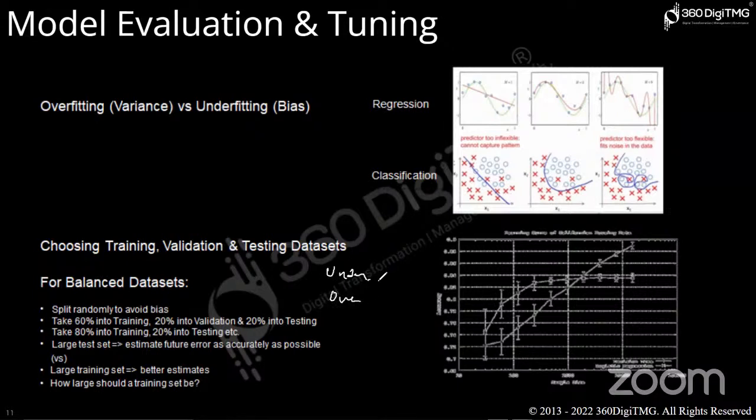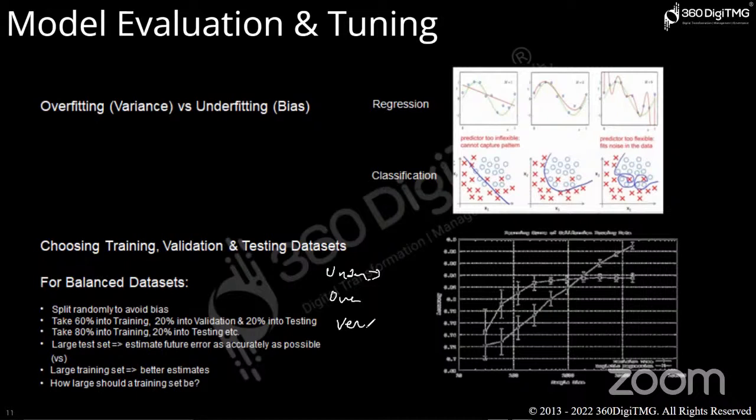Underfitting is the condition when we have a very simple model and very complex data.